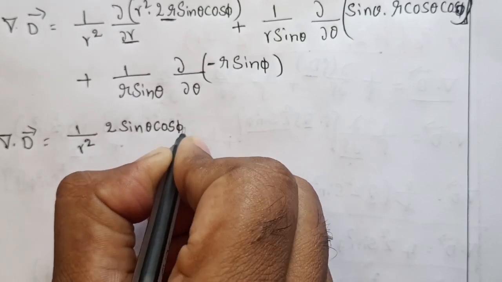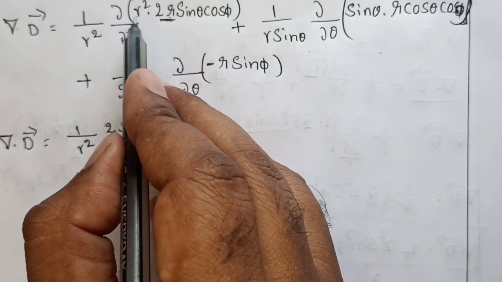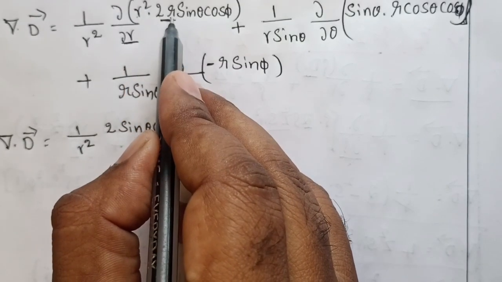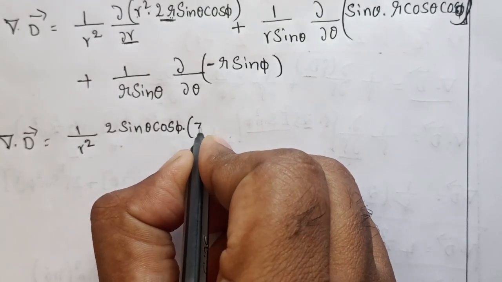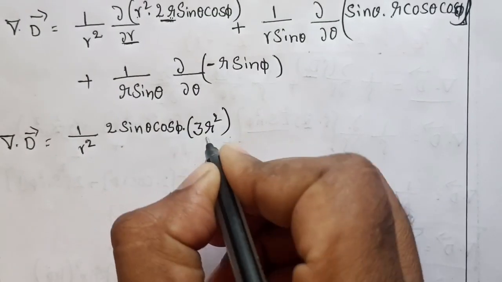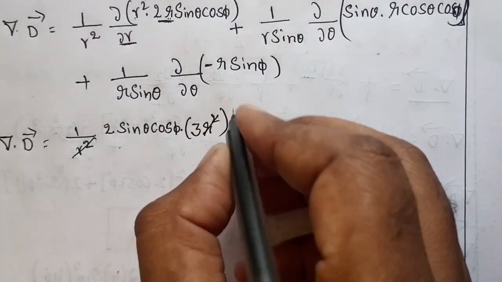The derivative of r square into r, that is r cube, gives 3r square. So r square and r square get cancelled. So this is the first term.